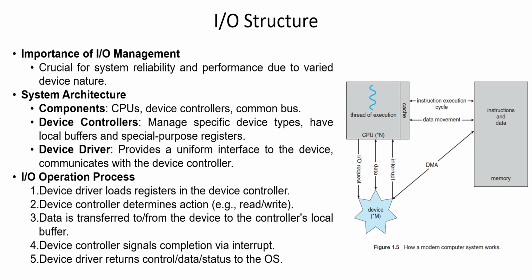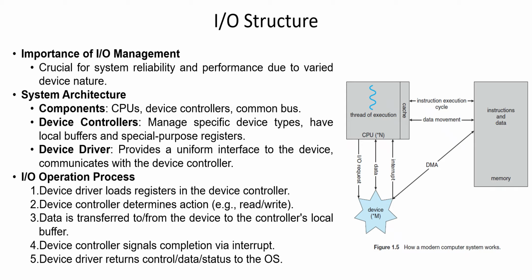In terms of system architecture, we have CPUs, device controllers, and a common bus connecting them. Device controllers manage specific device types and typically have local buffers and special purpose registers of their own. The device driver provides a uniform interface to the device, and it's the piece of software that actually communicates with the device controller.